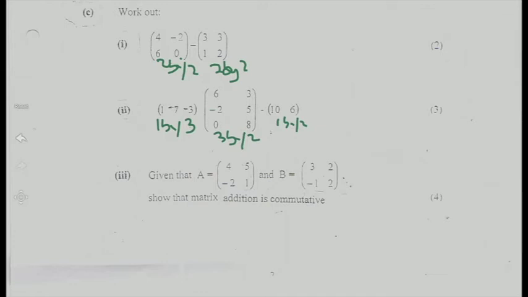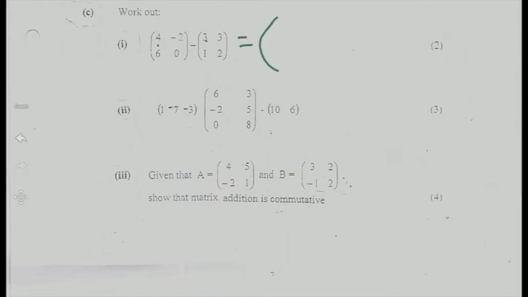Okay, the answer here is, because this is the method that we use, 4 minus 3, which will give us 1. -2 minus 3, giving us -5. 6 minus 1 will give us 5. 0 minus 2 will give us -2.